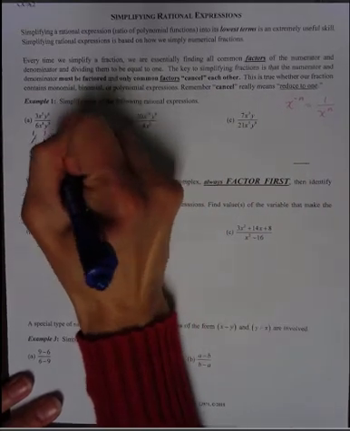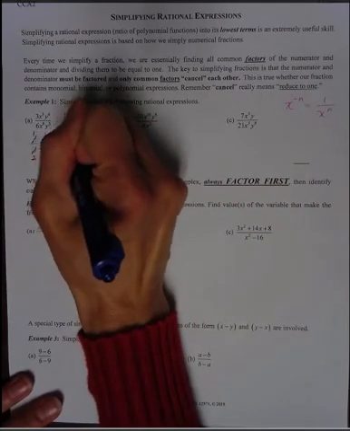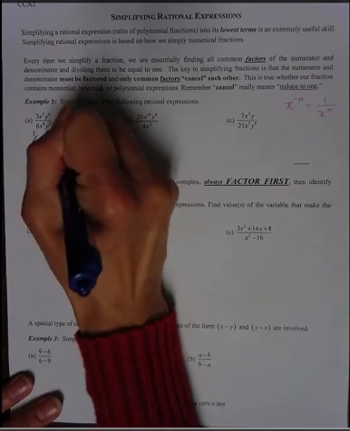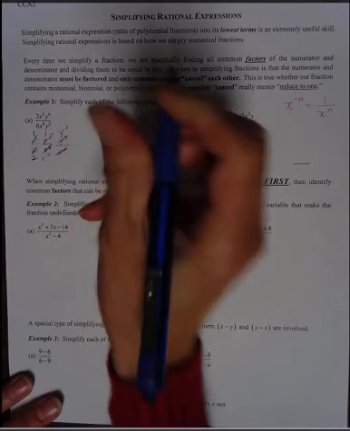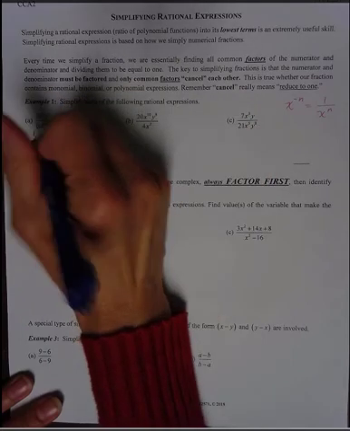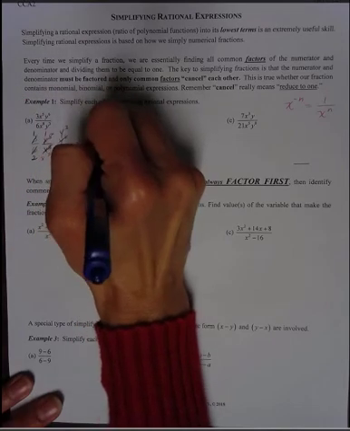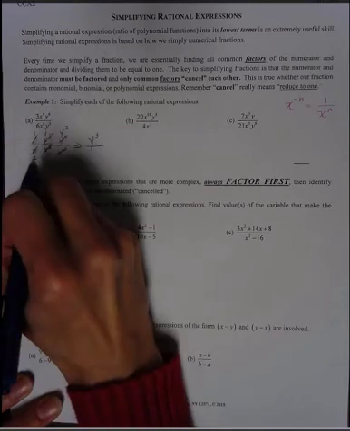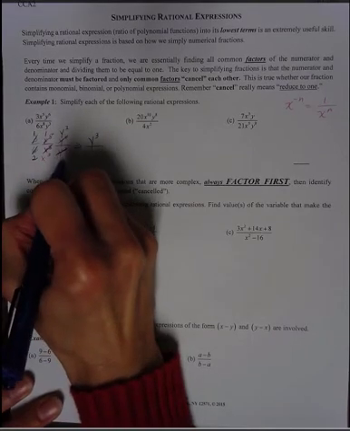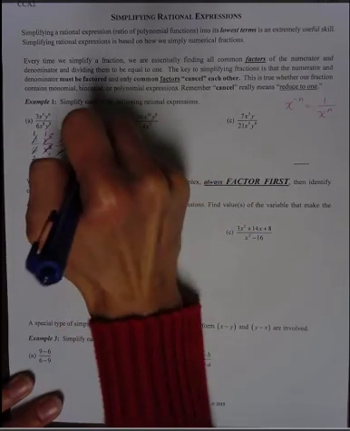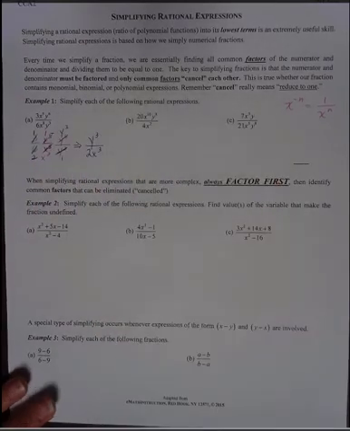Here, the 6th power of y is in the numerator, so we're going to reduce that to y to the 3rd. And so our final result is 1 times y cubed over 2 times x cubed times 1. And so we have y cubed over 2x cubed.